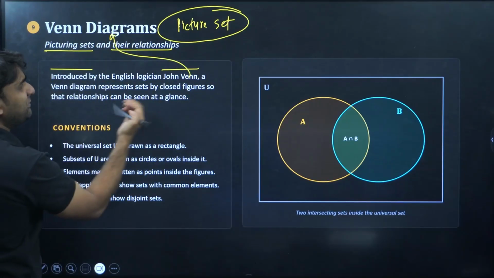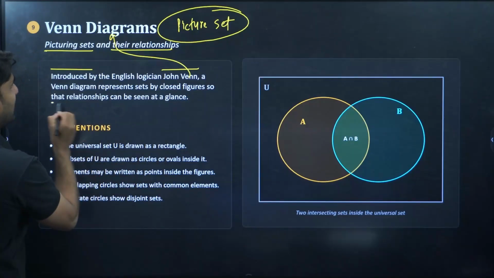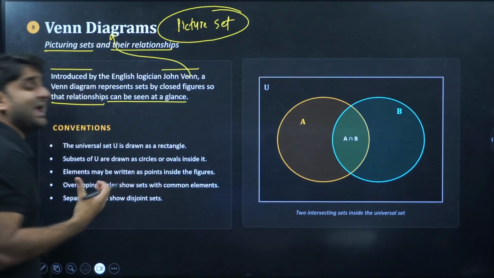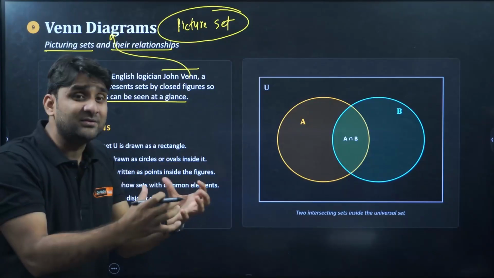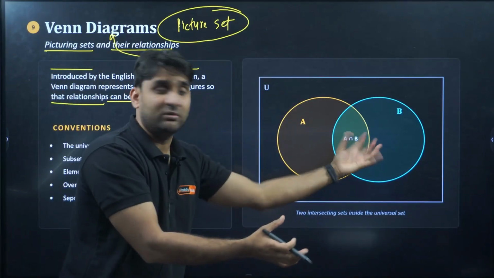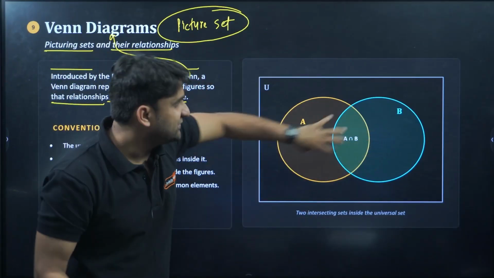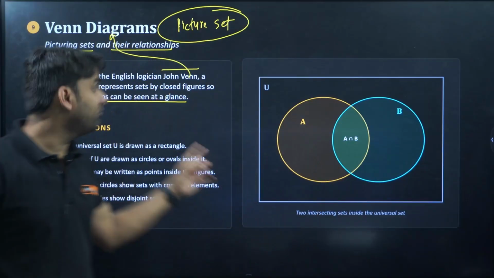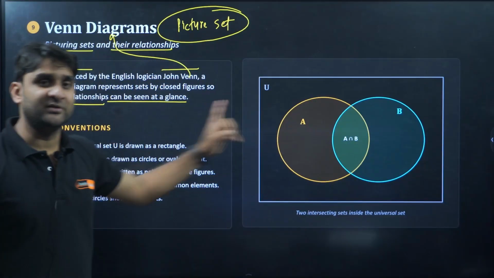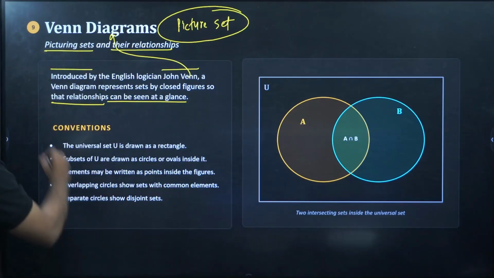A Venn diagram represents sets by closed figures so that relationships can be seen at a glance. So my dear, you can show a set using circles and so on. This is called the representation of a set, picturing the set, which was introduced by John Venn. Okay, so what is the convention?